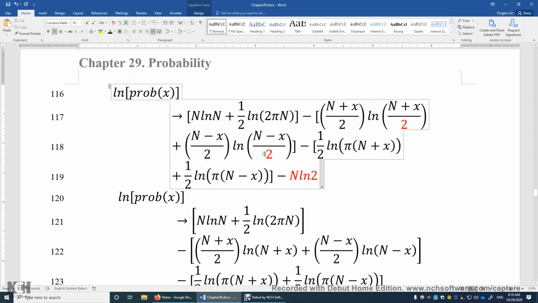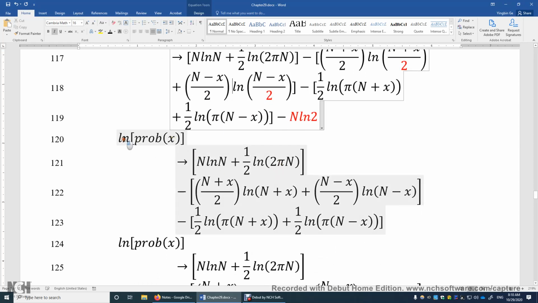So over here, focus on this, there's a minus sign here, so minus n minus x over 2 times the logarithm of 0.5. So if you combine this, you will get n plus x over 2 plus n minus x over 2 times ln 2. That will cancel this negative n times ln 2. So we further simplify the expression over here.